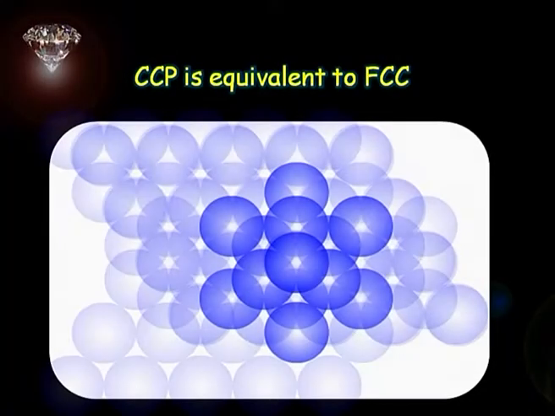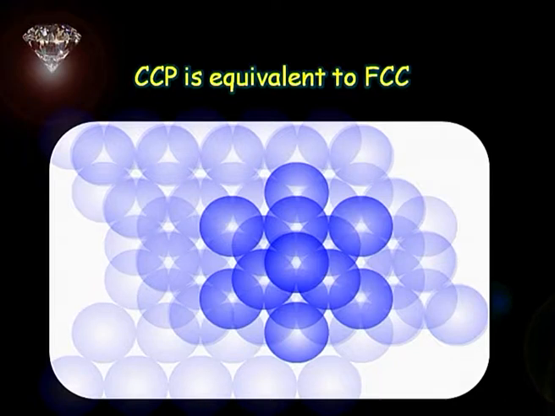So, with this as a background, let us pick up our threads from the previous session. We showed that CCP, that is the ABC-ABC repeat, is equivalent to FCC. From this starting point, we will analyze this structure a little further, because you will recall that when we talked about closed packing in 3 dimensions, we came across different kinds of voids.